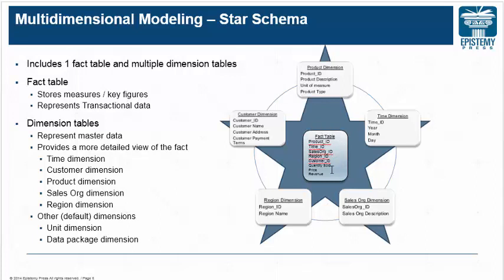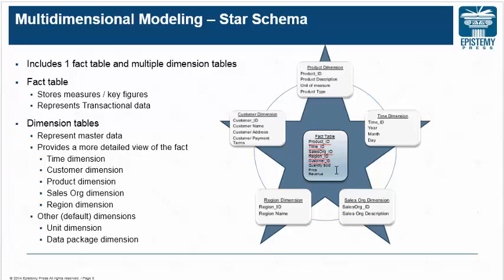A fact table is capturing something that is important for the organization, a key performance indicator, if you have heard the term before, KPI, which is, as we said, a key figure that it is important for the organization to monitor and to track and to follow up on to make sure that they are reaching the objective for them.